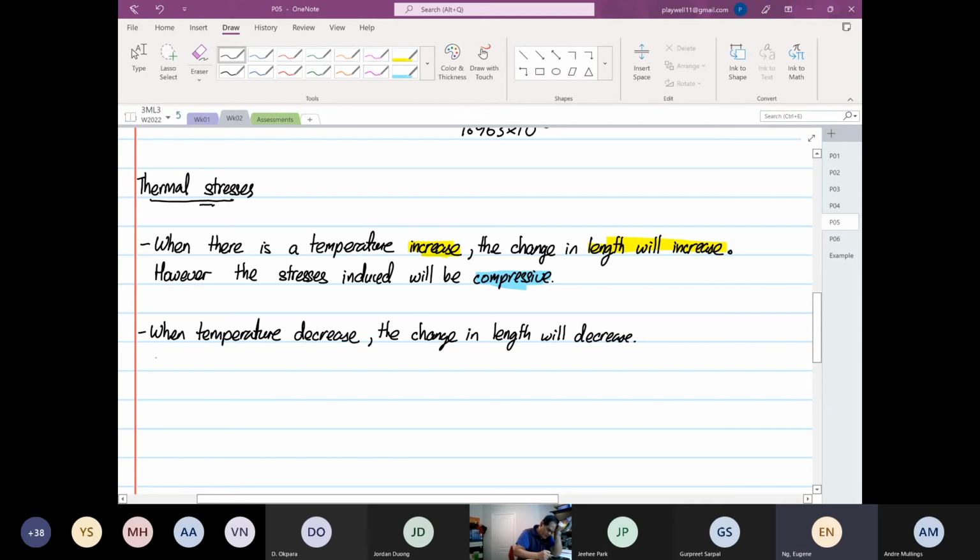However, again, the stresses induced in the material will be tensile. Again, two very contradicting statements, but it's true.